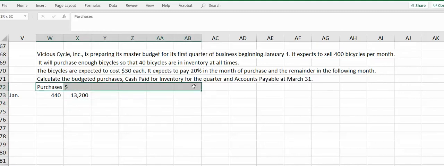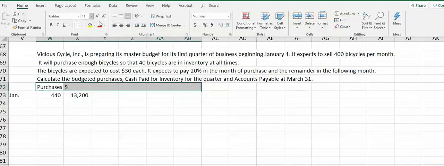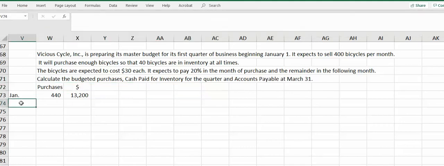Now, as far as the amount that they'll need to buy in February, they only need 400 bikes, because if you look at it, they buy 440 in January, they sell 400. That will mean that we'll start February with 40 bikes.